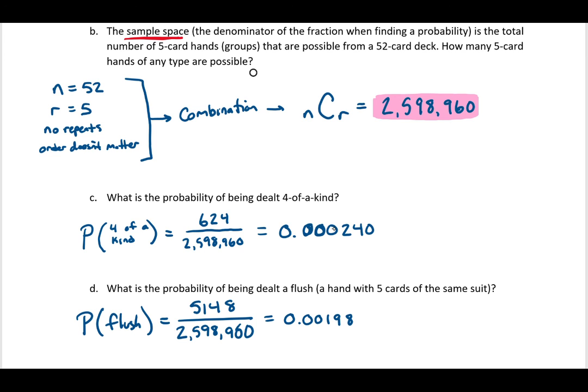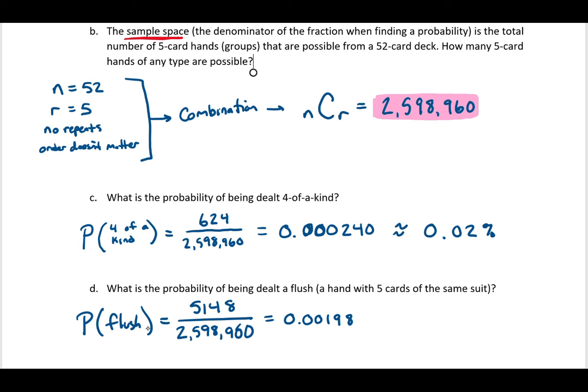If we convert these to percentages, so move the decimal point 2 places to the right, for the probability of 4 of a kind, that's about 0.02%. So a very low probability, way less than 1% of the time. Again, we're rounding this, but 0.02% is a very rare hand.